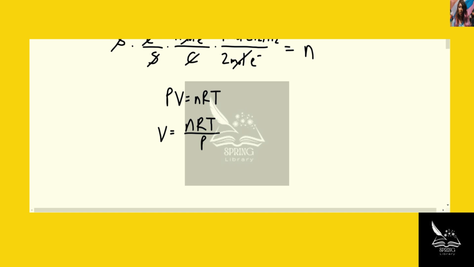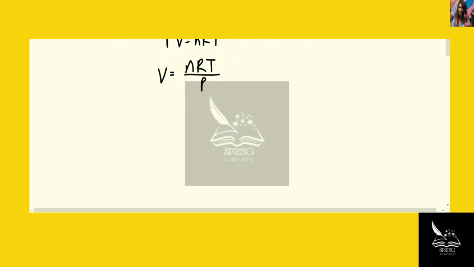And so because all of these terms are the same for both of the gases, that must mean that the volumes of the gases that we produce are equivalent, and we are given the volume of Cl2 gas that we produce to be 257 liters. And so therefore, the volume of H2 hydrogen gas that we produce must be equivalent to that. So therefore, the volume of hydrogen gas that we produce must be equal to 257 liters.